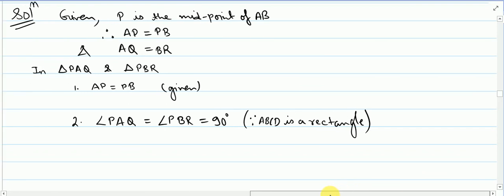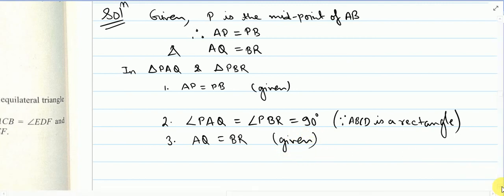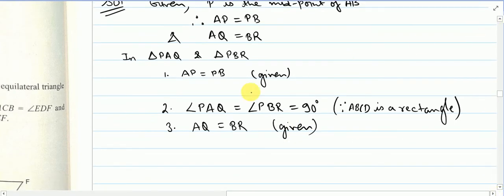Okay, done. And thirdly we have AQ is equal to BR. This is also given to us. Now you can see that side angle side.